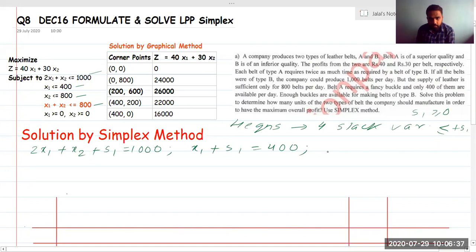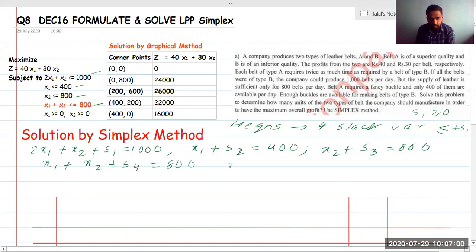The third equation will be x2 plus s3 is equal to 800. Is there any more equation? Yeah, there is one more equation, which is x1 plus x2 plus s4 is equal to 800.